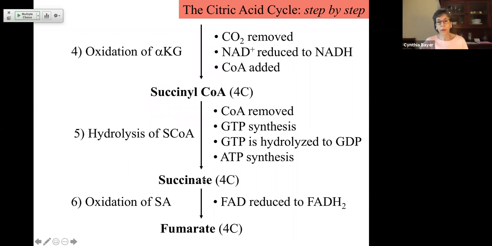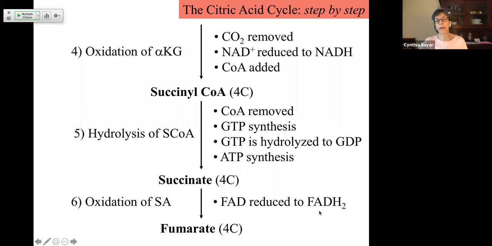So here we are with our succinate. We have gone through 2 oxidation steps already. We've lost 2 carbons as carbon dioxide. In our step 6, succinate will undergo a 3rd oxidation, succinate converted to fumarate. Electrons extracted from succinate are going to be passed to another energy carrier, FAD, and FAD is reduced to FADH2.